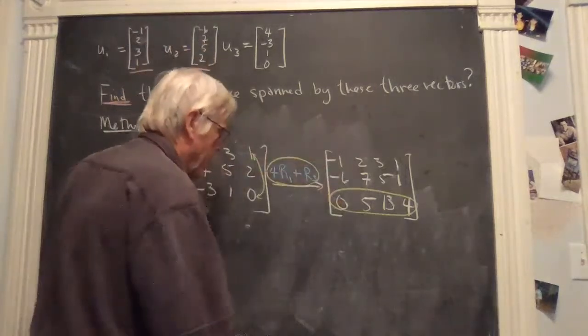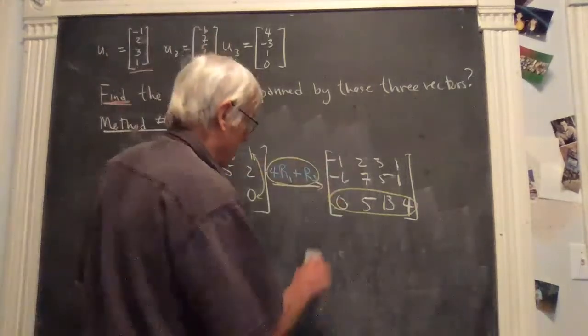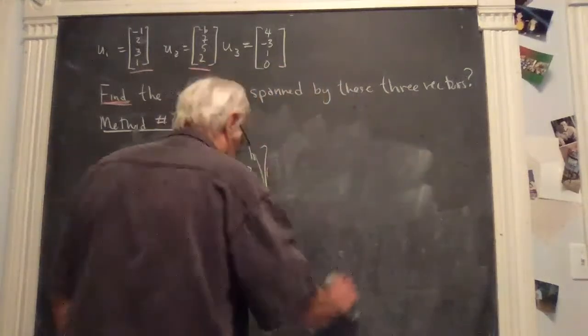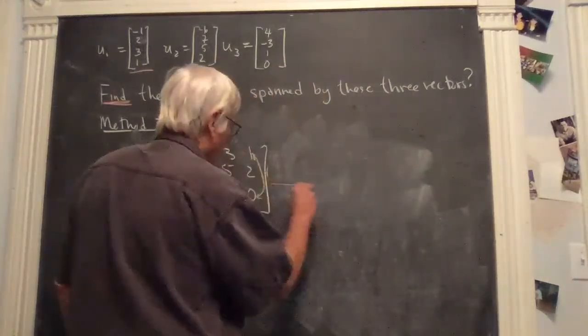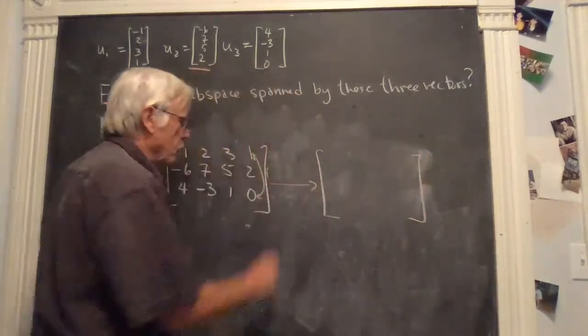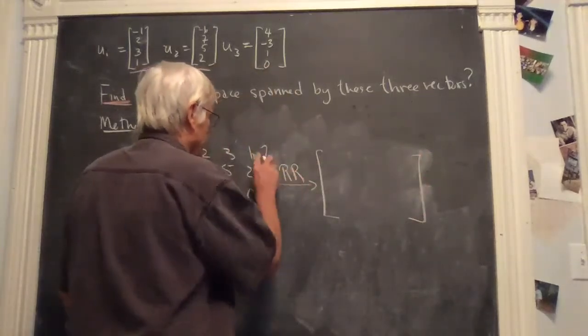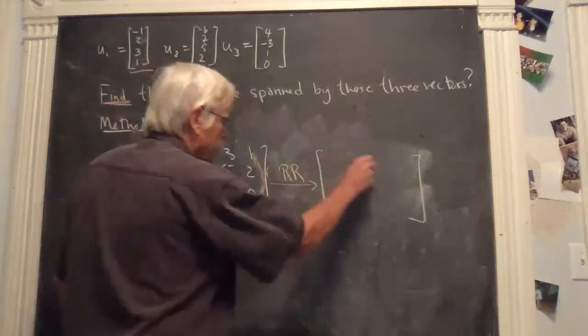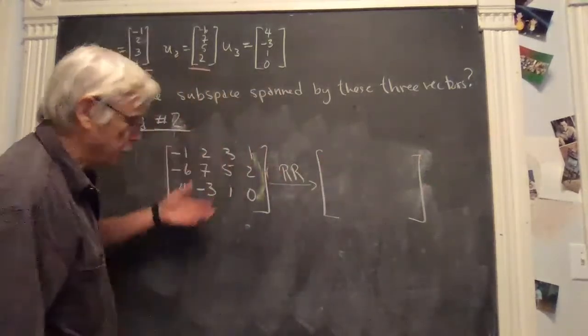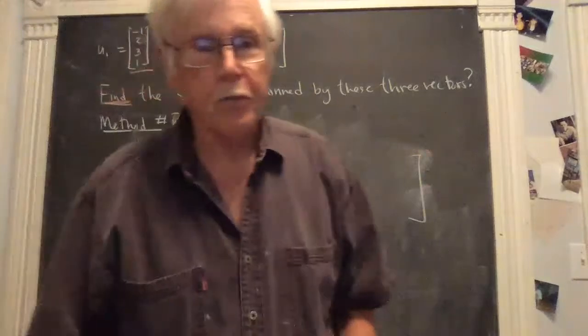And that's true for every step of the row reduction, including the last step, which is the reduced row echelon form. So when I reduce this matrix, all of these rows will still be in that span of these 3 because they'll be linear combinations.